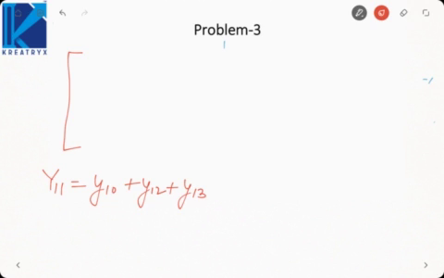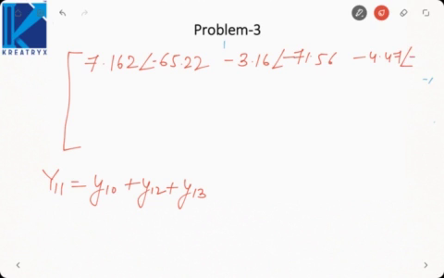So it will come out to be 7.162 angle minus 65.22. Now capital Y12 will be negative of small y12. So it will come out to be minus 3.16 angle minus 71.56. Similarly, capital Y13 is negative of small y13, minus 63.43. Okay. Then y21 is same as y12.